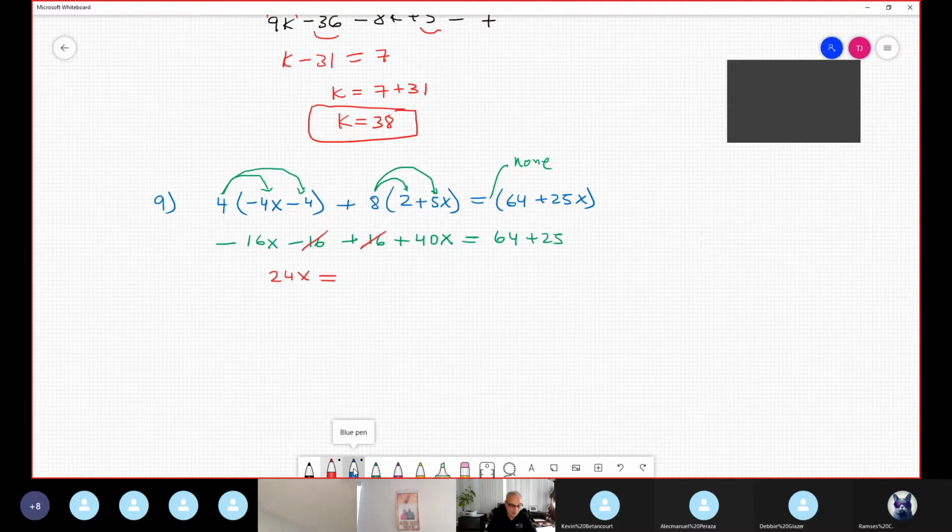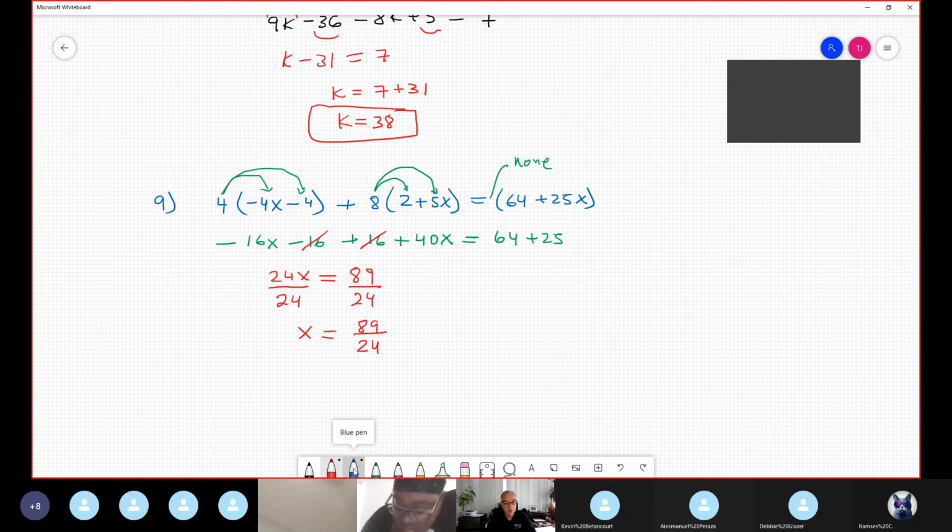In the right hand side, we have 64 plus 25, 89. Finally, in order to isolate the x, you divide both sides by 24. And the answer is 89 over 24.